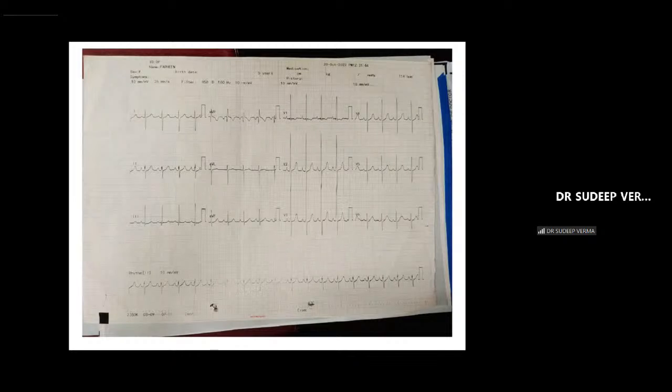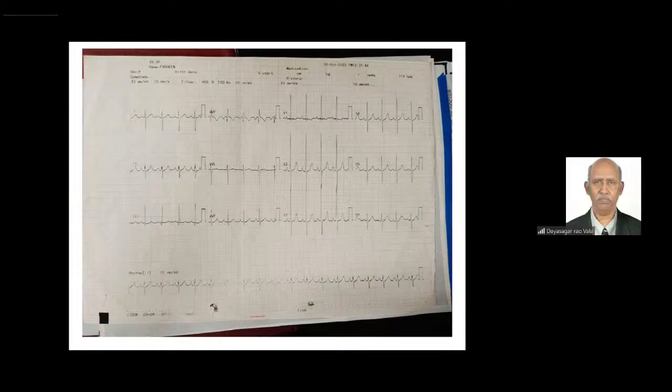It starts from there only. And then the axis of the P wave will tell you whether the atria are inverted or non-inverted. You should also tell whether Q wave is present in left ventricular leads or right ventricular leads. These are all important things before you go on to PR interval and QRS duration. Okay, please go ahead.